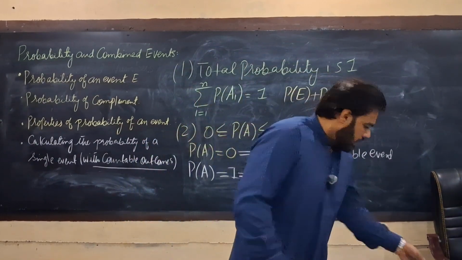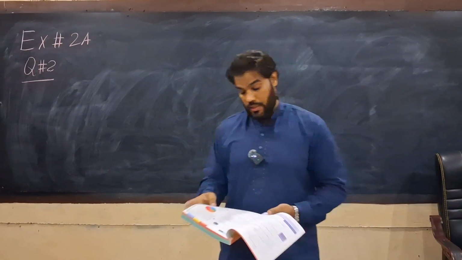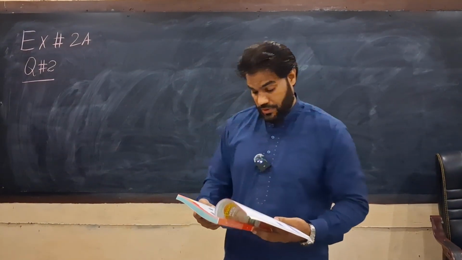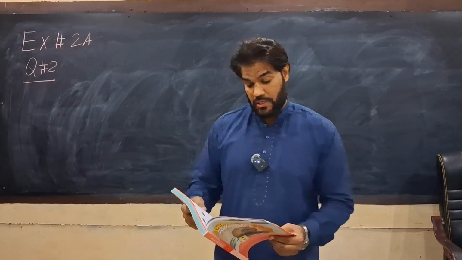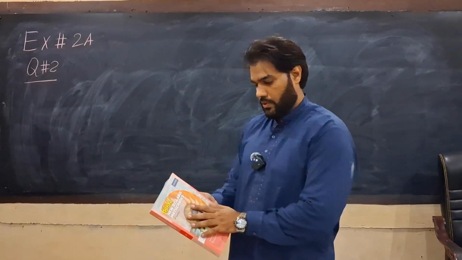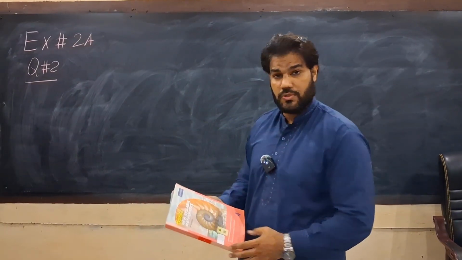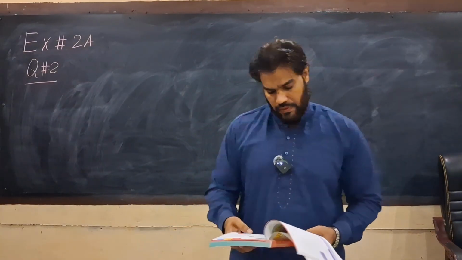So let us discuss. Next we are going to discuss two numerical examples, and I am choosing these two from this new Syllabus Mathematics series. Actually, this book is very close to your O-level final exam.